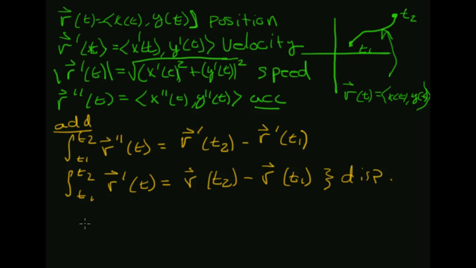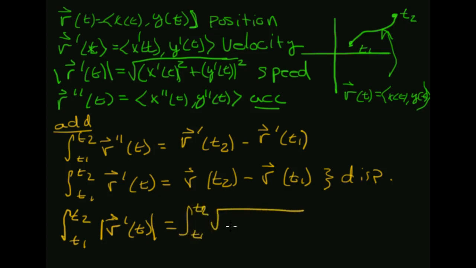So that's a vector that describes the displacement of the particle. So likewise, just like in the first case, instead of taking an absolute value here, I'm taking the magnitude. So if I take the integral of the magnitude, another way of writing this is t1 to t2 of the square root of x prime t squared plus y prime t squared.